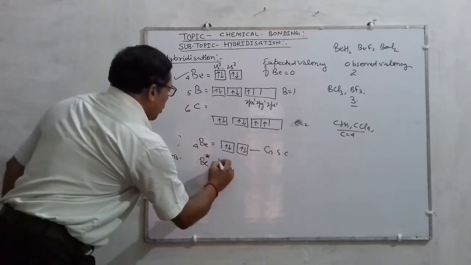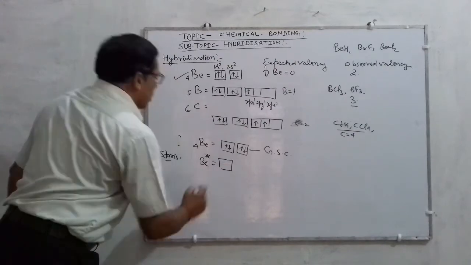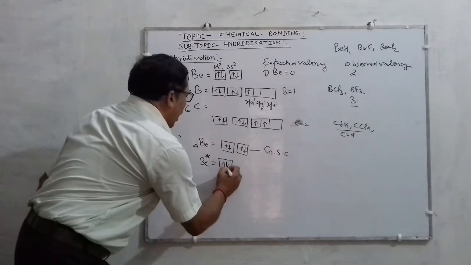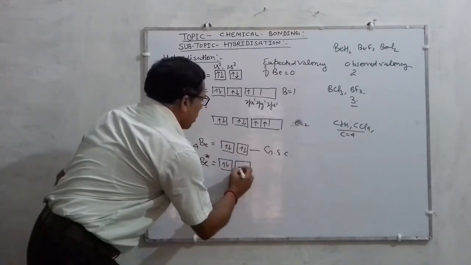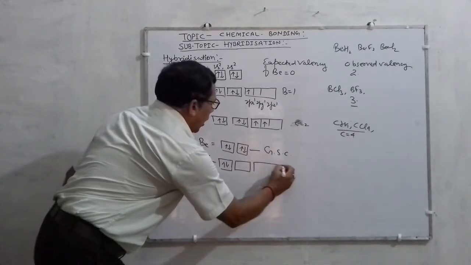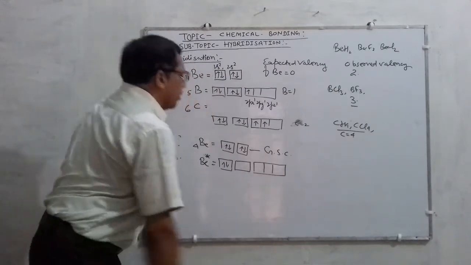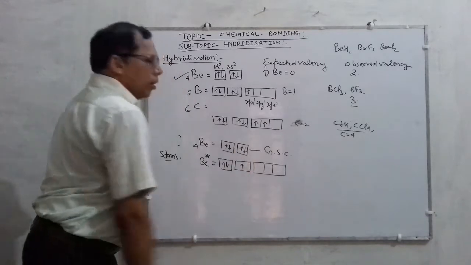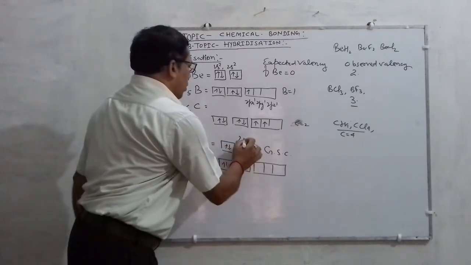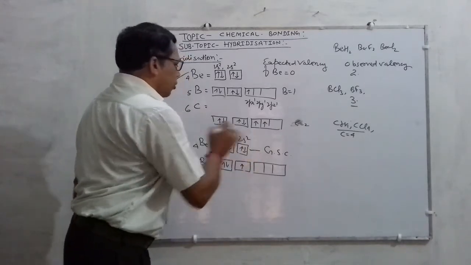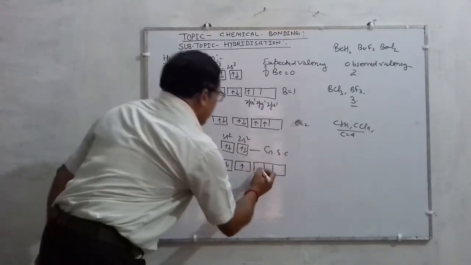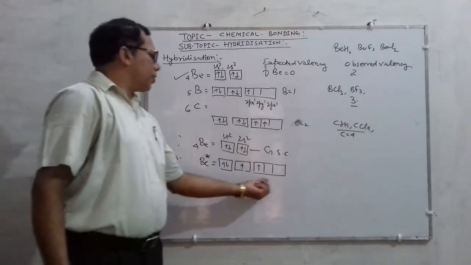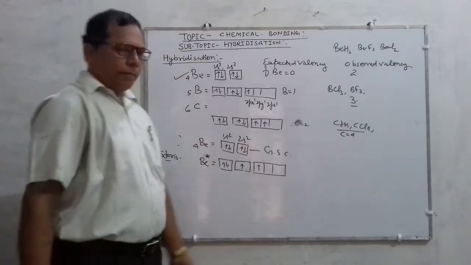And during writing the electronic configuration in excited state, what will happen? Just see here. This is 2s and there are vacant 2p orbitals here. So one electron of this 2s2 gets promoted into the next vacant p orbital.